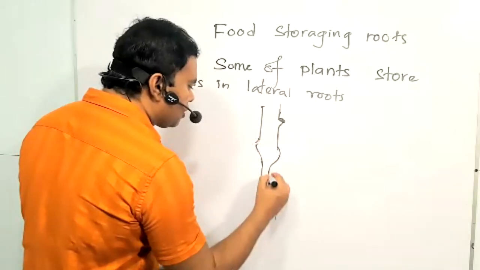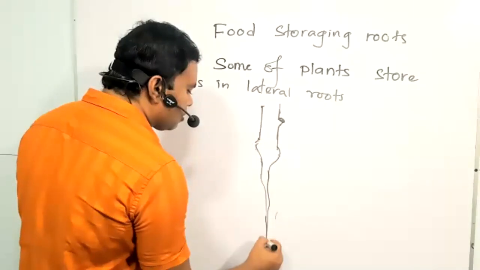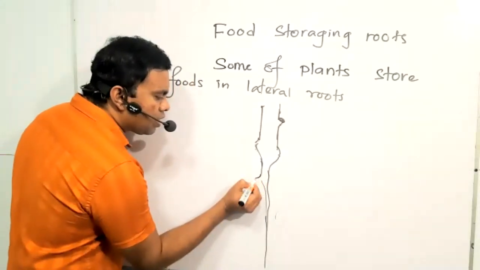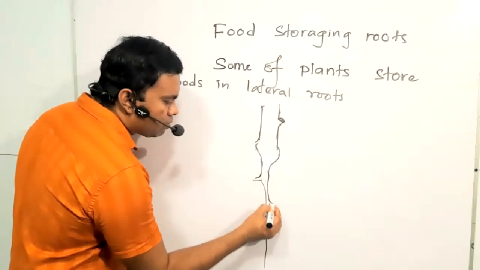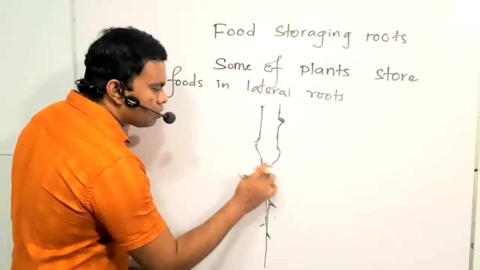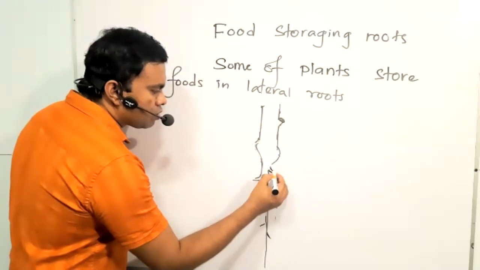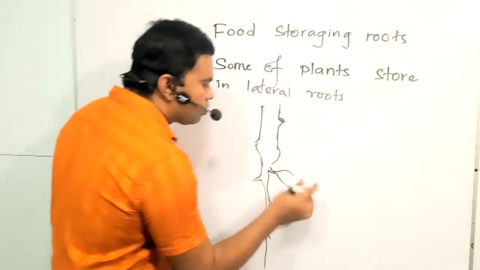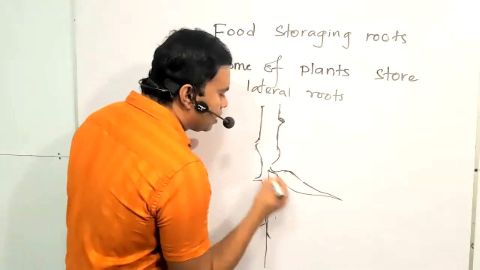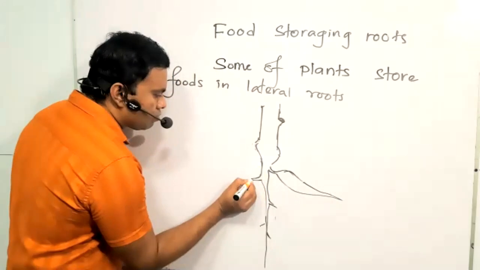It's a normal taproot. And you can see these side roots, or we call them lateral roots. They are coming like this. And what has happened to these lateral roots?